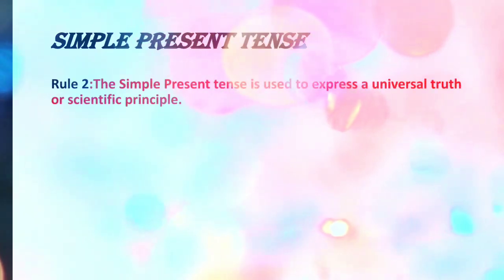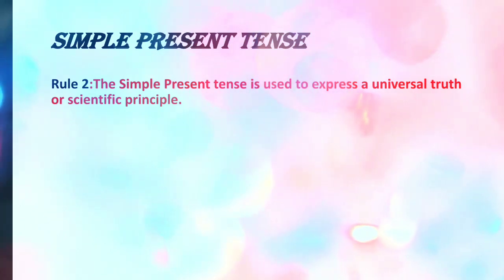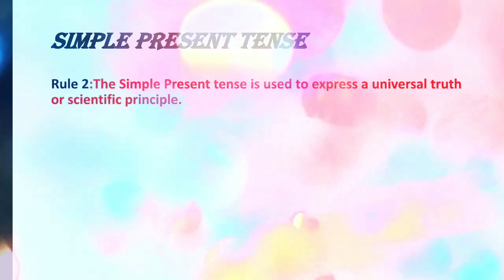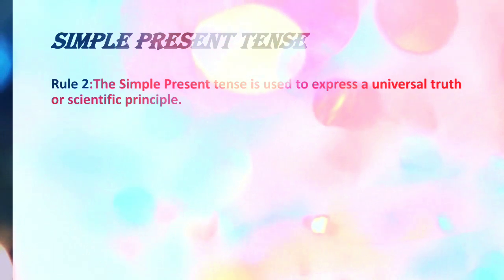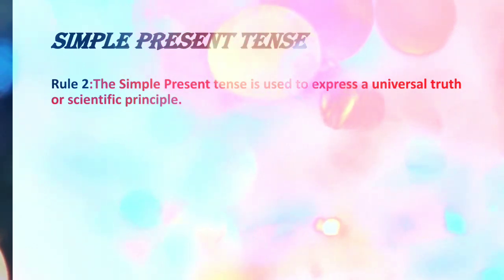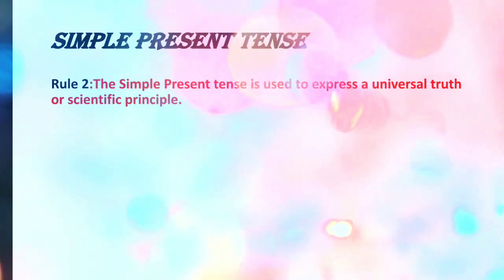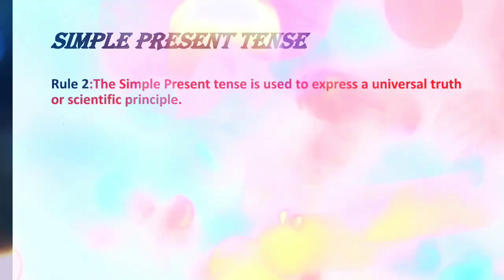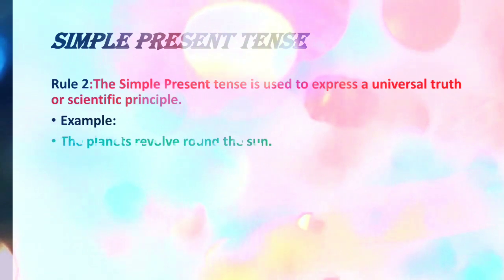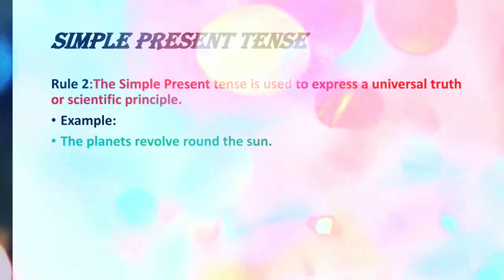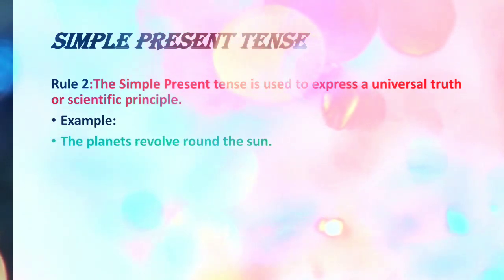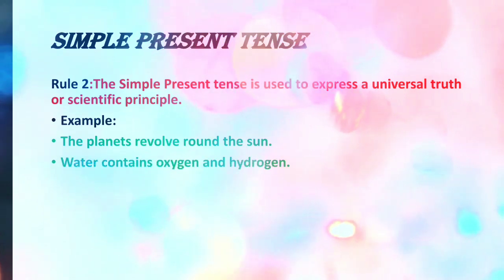Second, the simple present tense is used to express a universal truth or scientific principle. You know very well there are so many things which are universal, like the sun rises in the east. This is a universal truth. Some other examples: the planets revolve round the sun. That's why it is simple present.